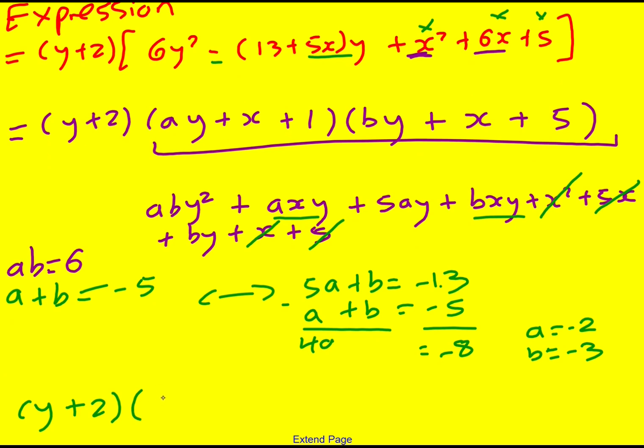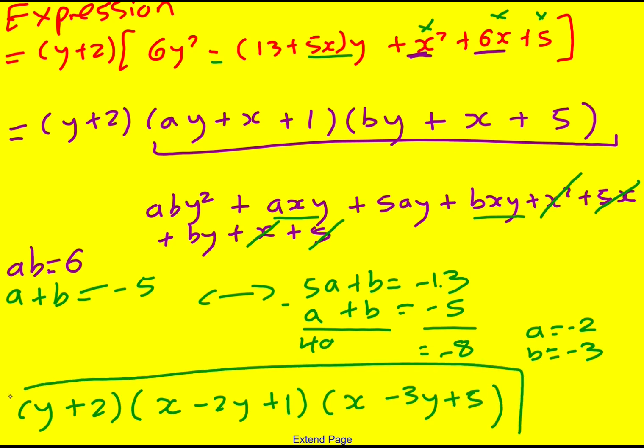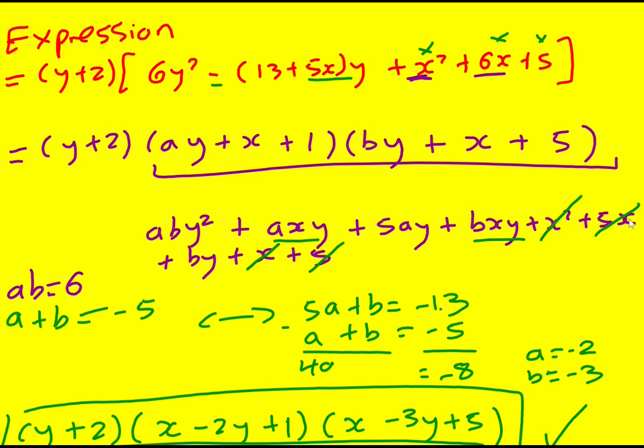So it's actually going to be x minus 2y plus 1 and x minus 3y plus 5 is our final answer. So the nice thing about this method I just used is that I used some knowledge of seeing straight away we had to have 1 and 5.